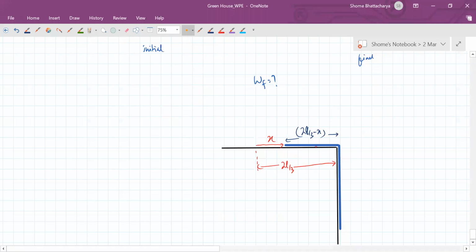So you can see that the weight of this section is going to be some mass as a function of x, where that will be lambda into 2L by 3 minus x, where lambda is mass per unit length.